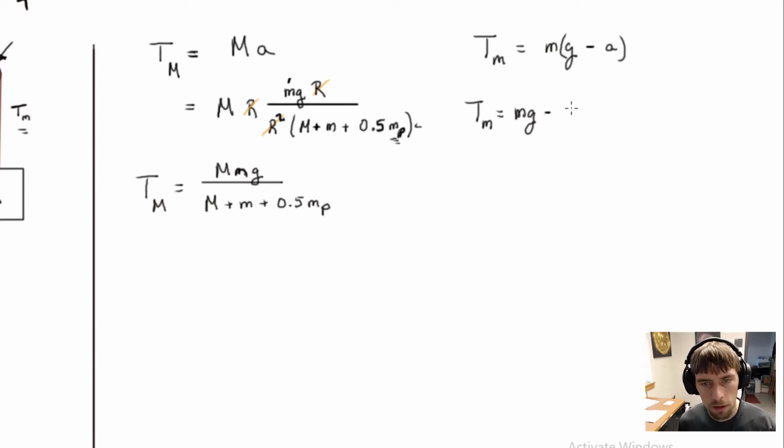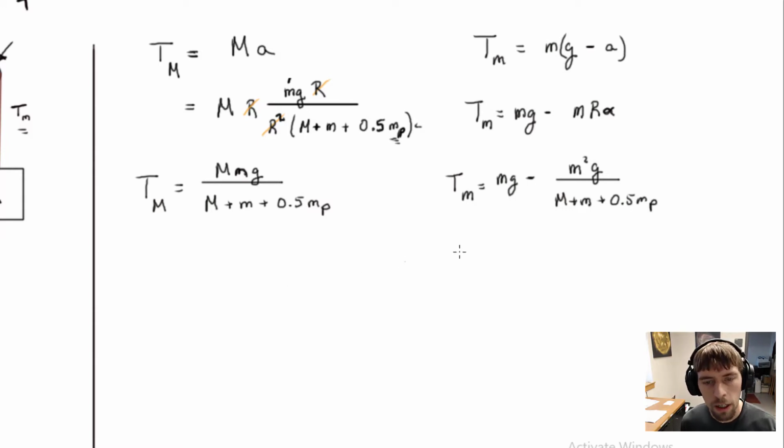Well, I'll have little m r alpha, but I've got my expression for alpha, so I've got T m equals m g minus, well, let's see, I'd have m squared g. And just similarly, the r's would cancel out, and I would have big M plus little m plus 0.5 M P.